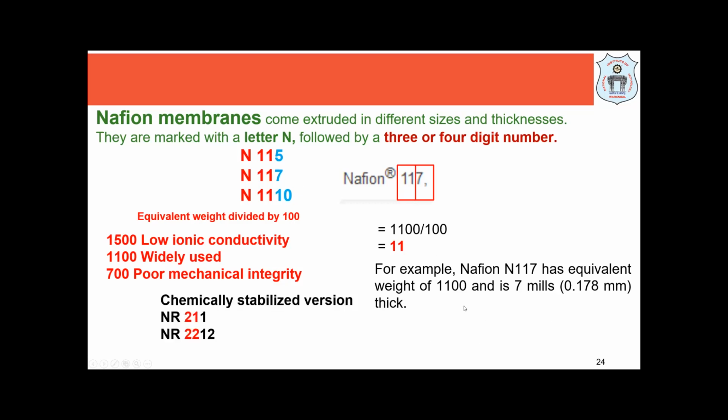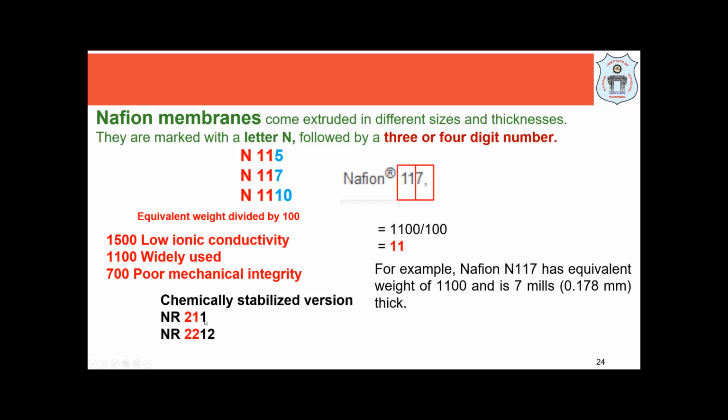Even further versions of these Nafion membranes are available, because for increasing the stability, they are treated with some chemicals. In that case, instead of these 11, 11 and so on, now they start with 21, 22, because when you chemically stabilize it, the equivalent weight is altered.